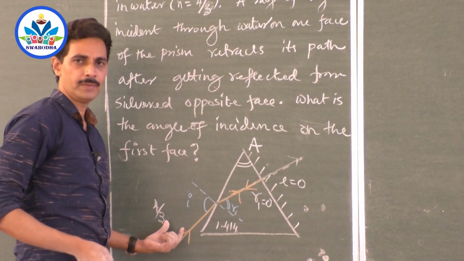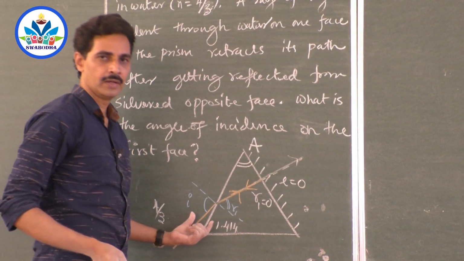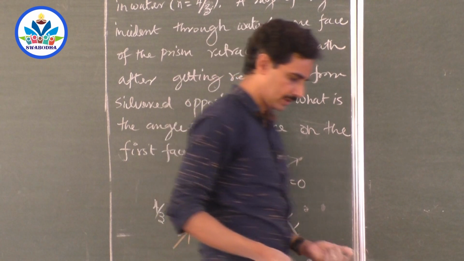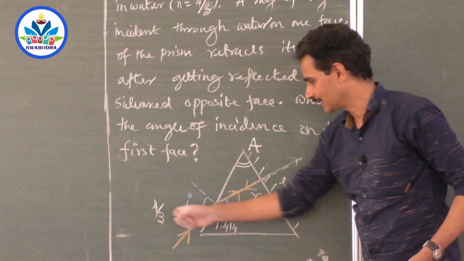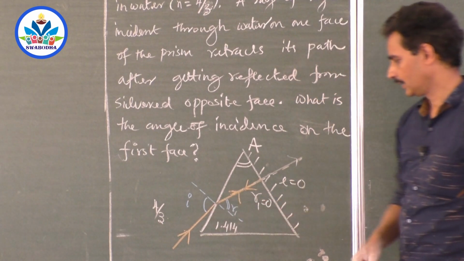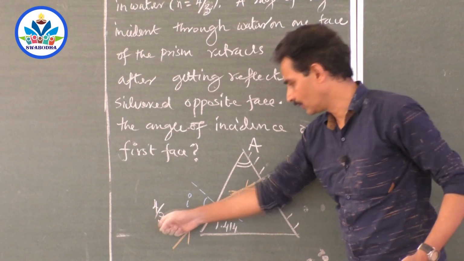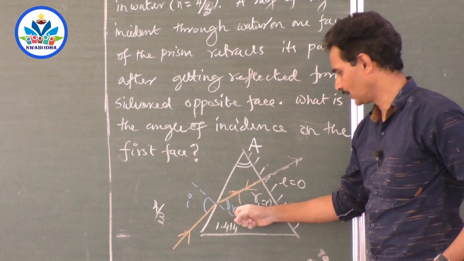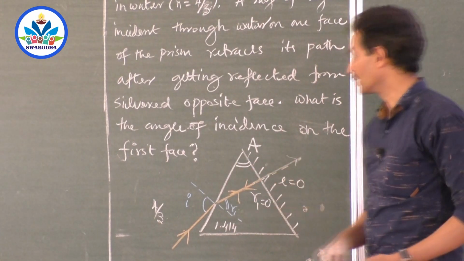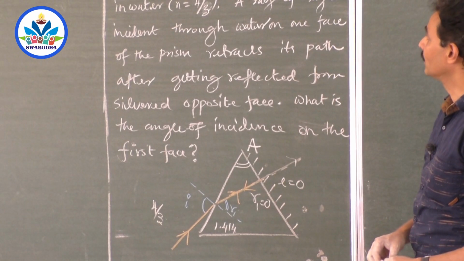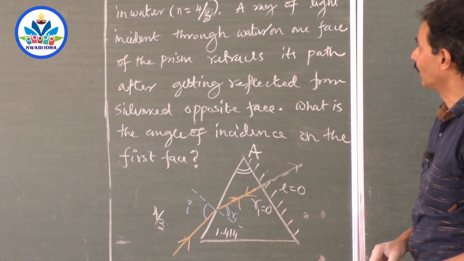Of course, in a prism, the one which helps is Snell's law. N1 sin I equals N2 sin R, right? But here there are two unknowns, I unknown, and R1 unknown. How to get R1? You have a connection between all these things now, but the angle of the prism is not given.